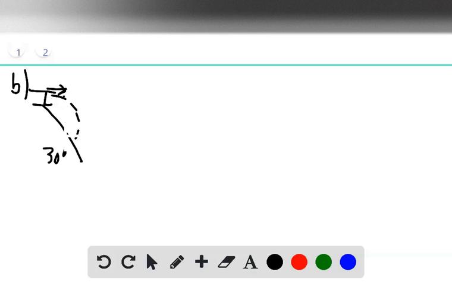Looking at this with trig and knowing how to define the slope of a line, the slope of this line is going to be minus x tan 30.